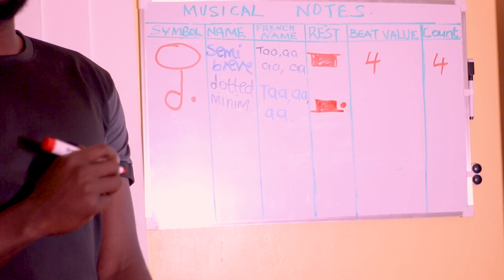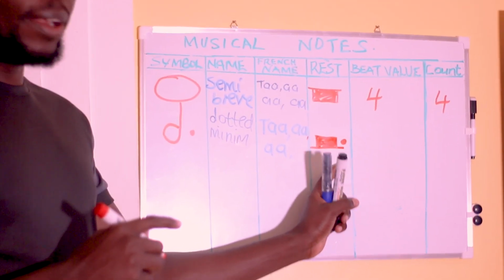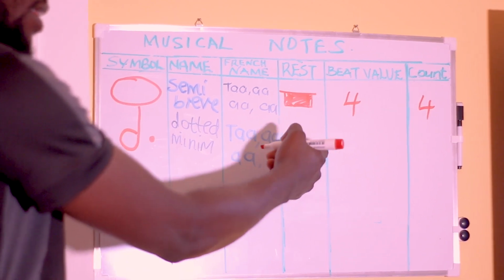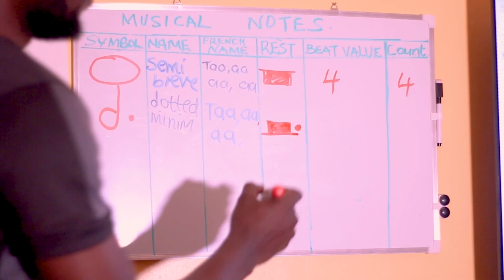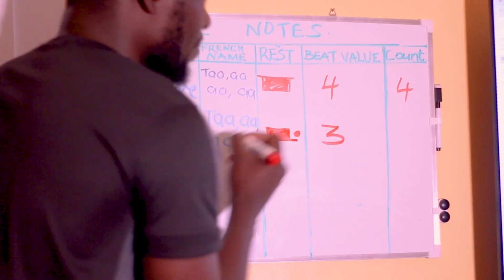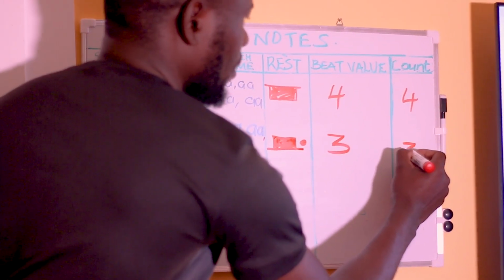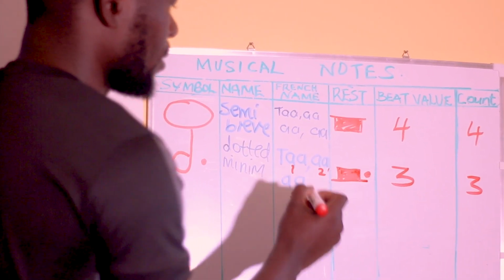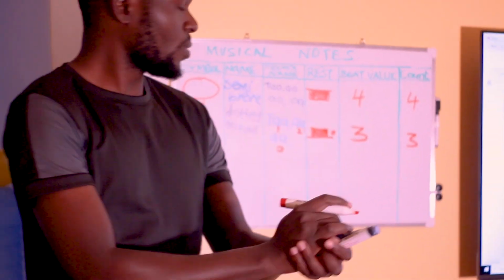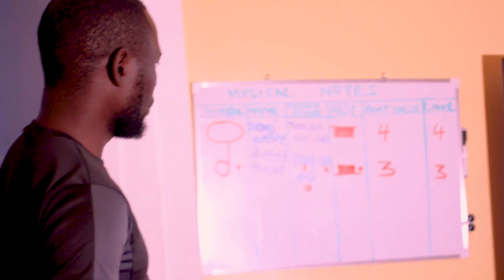A rest, then a dot. What about the beat value? The beat value is 3. The number of counts is also 3: 1, 2, 3. That is the count of a dotted minim.